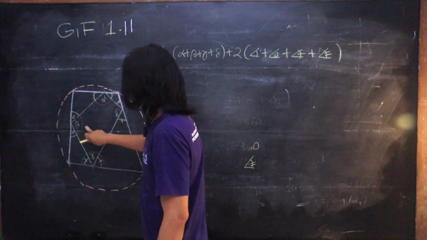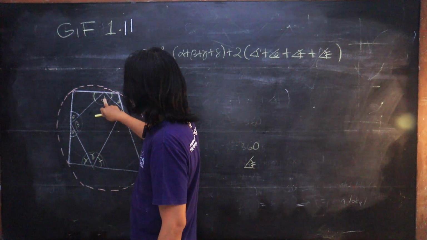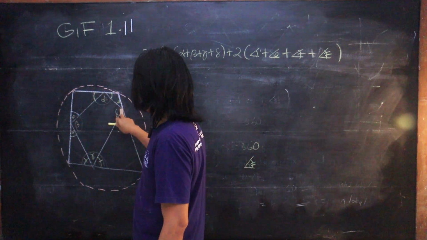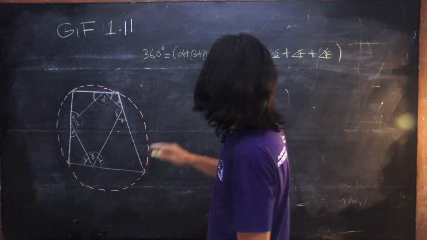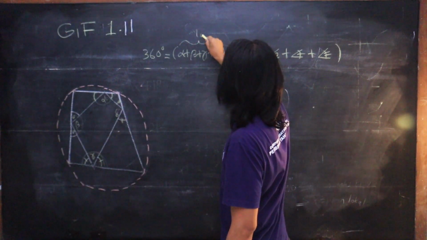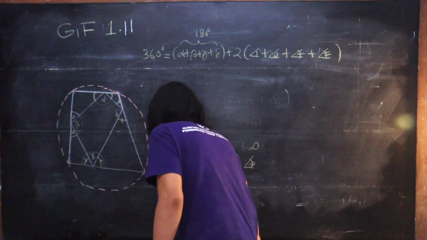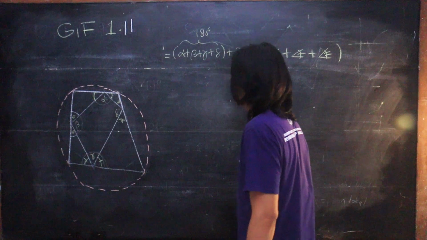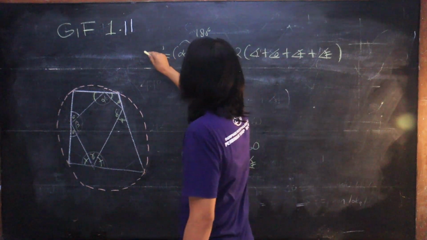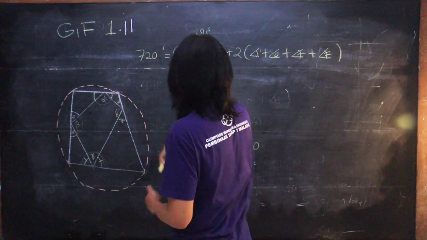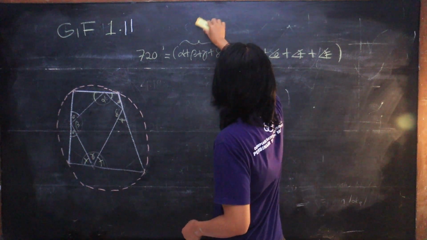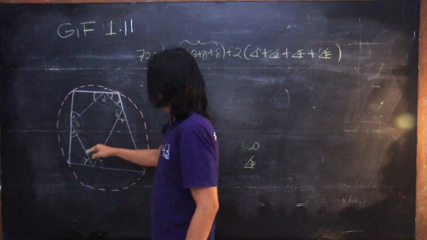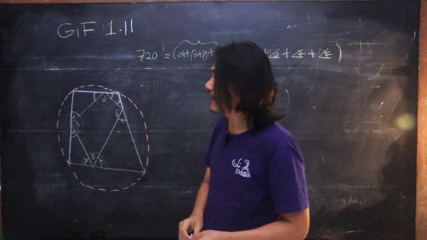Now, since alpha, beta, gamma, delta are the inner angles of this quadrilateral, the sum of all these angles is equal to 180 degrees. I'm sorry, this should be 720 because 4 times 180. And my bad, this is also not 180 degrees because the sum of all the angles in a quadrilateral adds up to 360 degrees.